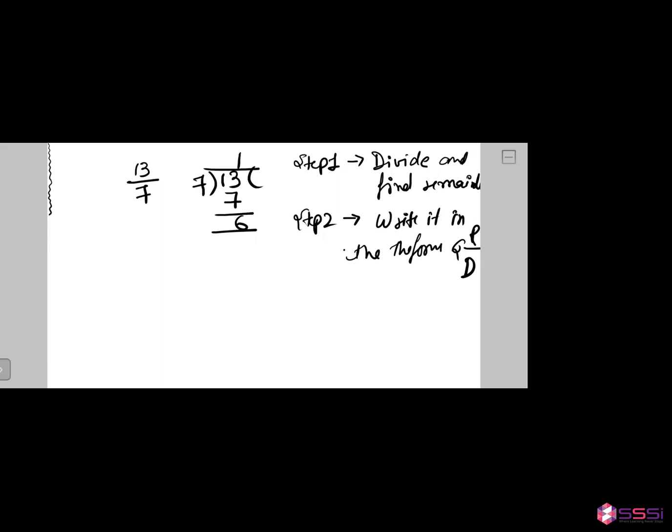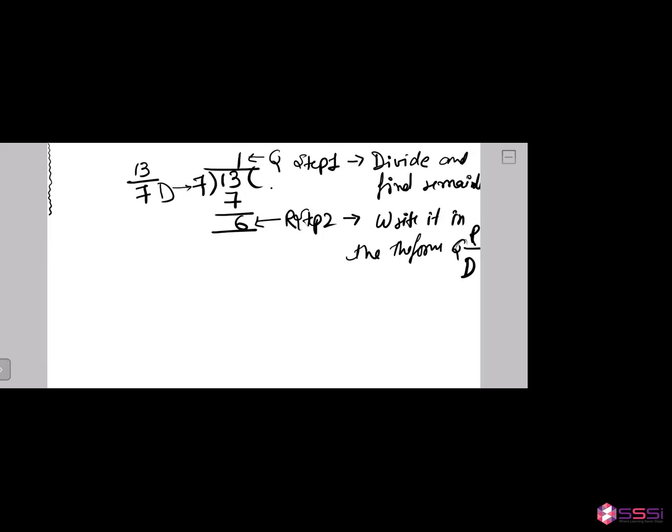So what is Q here? Q is the quotient. What is R here? Remainder. What is D here? Dividend.